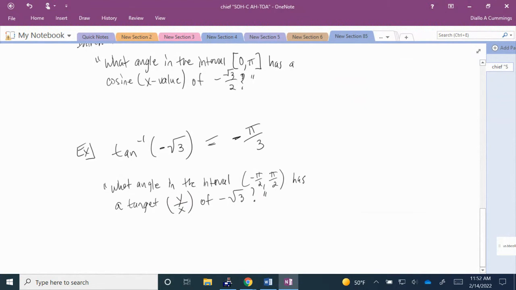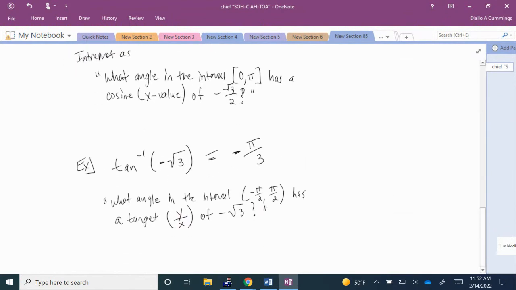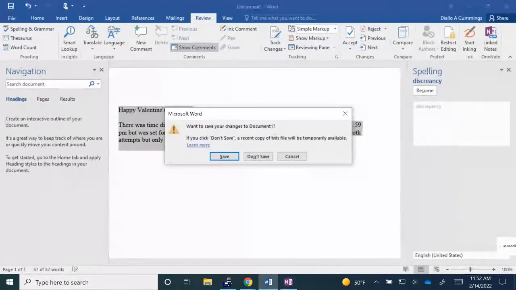Now I actually want to show the math on that, to show that you get negative square root of 3 when you divide y and x. But what I just showed you was the shortcut.